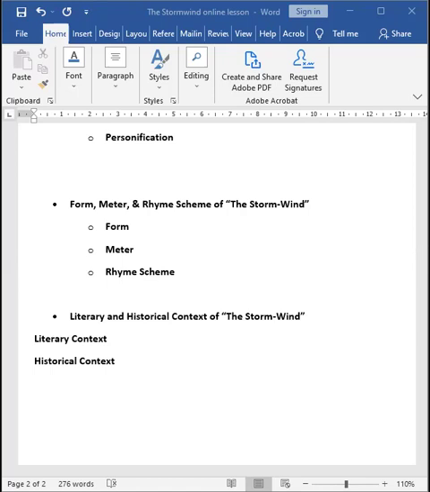This brings us to the last part of this poem analysis, which is historical context. Now, England towards the end of the 19th century was in the midst of the second industrial revolution. The second industrial revolution led to widespread degradation of nature.